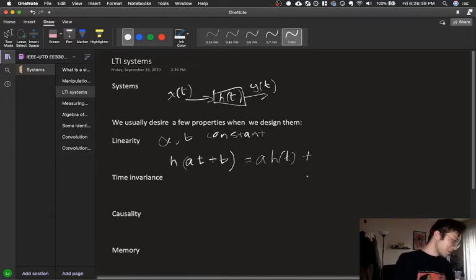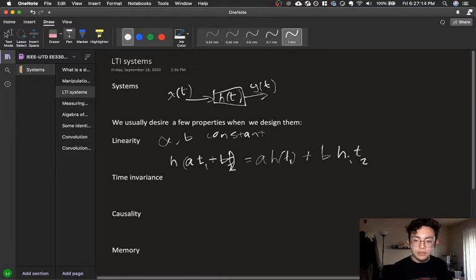Let me check my notes real quick. There's supposed to be some other constant here. Let's call it t1 and t2. This will be h of t1 plus b times h of t2.